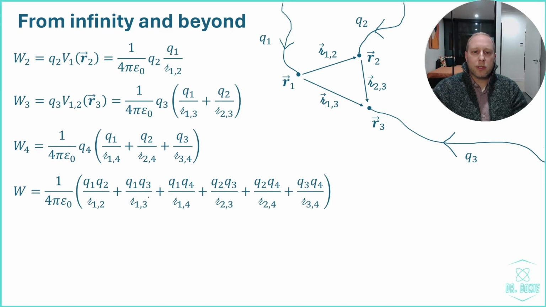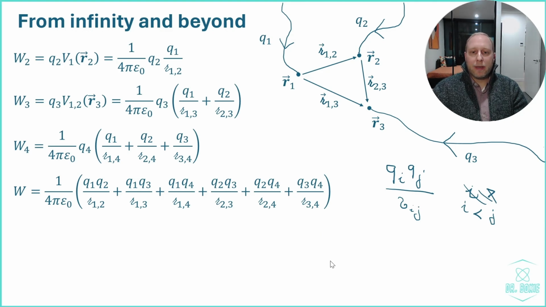Now notice that I ordered them in such a way that the first one is always less than the second one. So if I write it as qi qj divided by curly r ij, I ordered them in such a way that i is always less than j, just to avoid double counting.